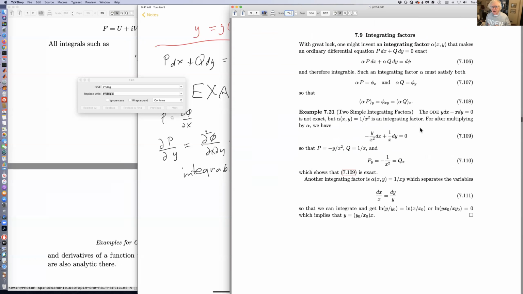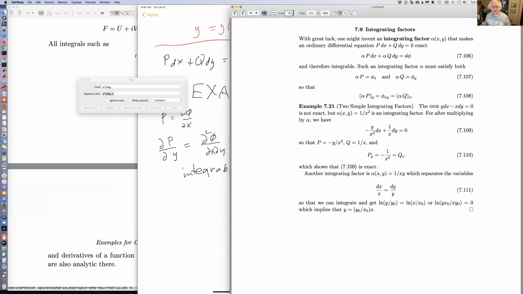Okay, let's look at this topic of integrating factors.